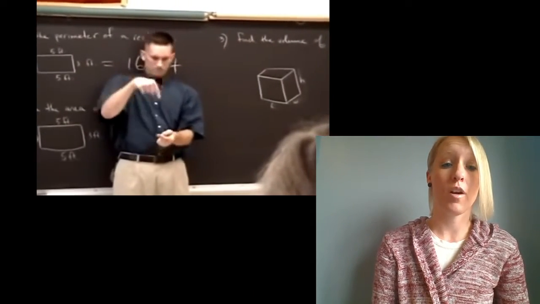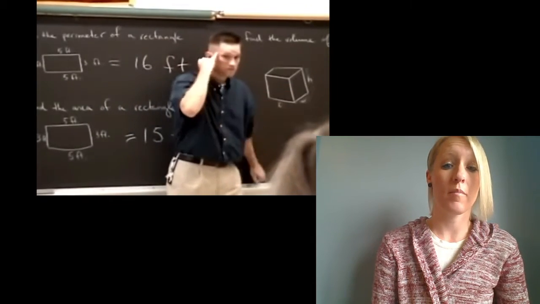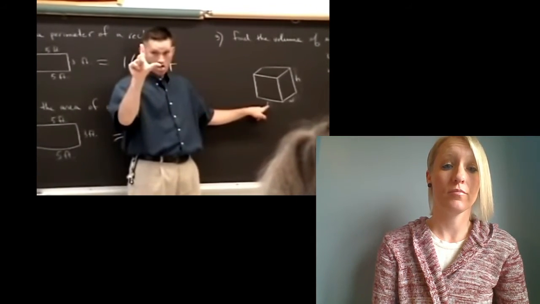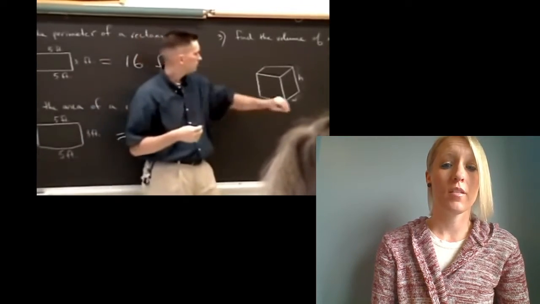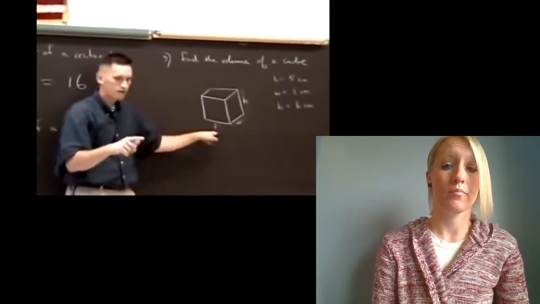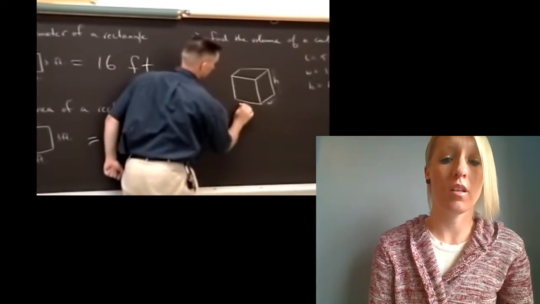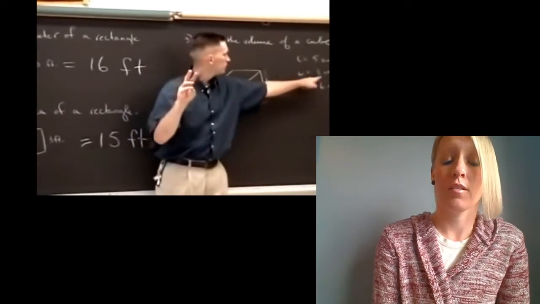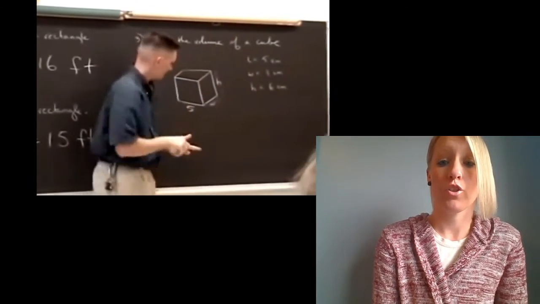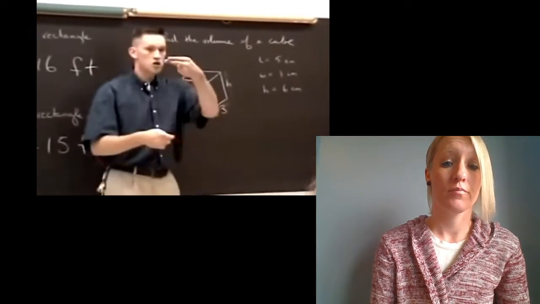All right, now we're going to move on to volume. So we're going to multiply the length times the width times the height. What's the number for the length in this problem? 5. And we're just going to switch out the length, the variable, for 5. And we're going to switch out the width for 3.